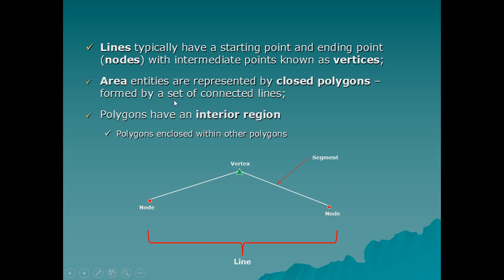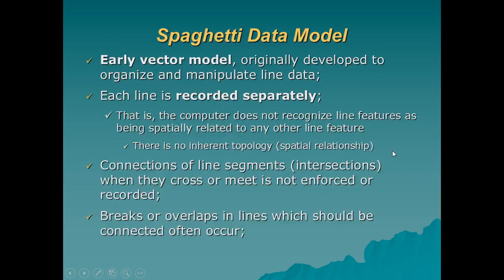Additionally, when we were talking about polygons, we also know that when polygons have an interior region, remember, a polygon within a polygon, the polygons must be completely enclosed within another polygon. Alright, so we're moving on.